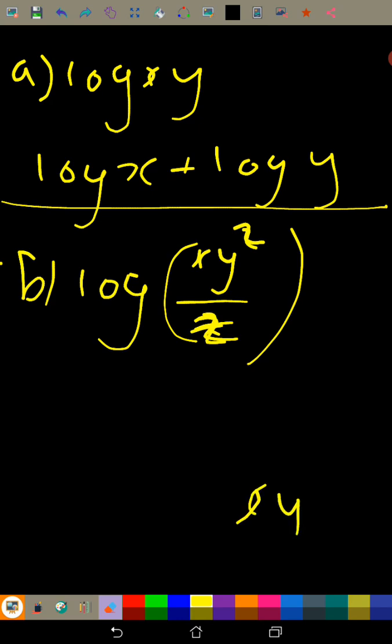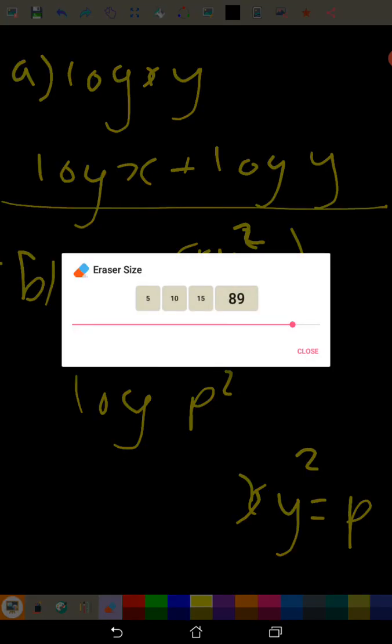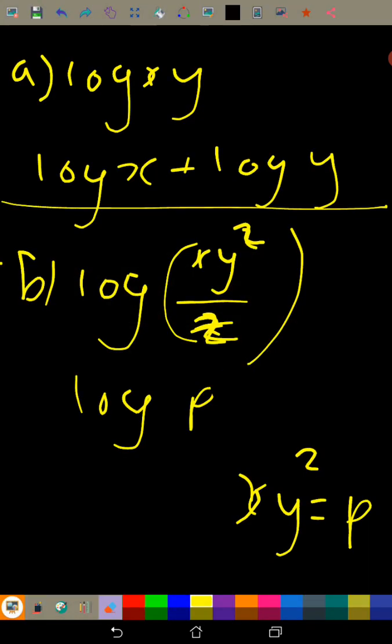Let's say that xy is equal to p. So we'll have log p2. No, we cannot say log p2. We have to put this here. I don't know how to solve this, but I will try to do it.